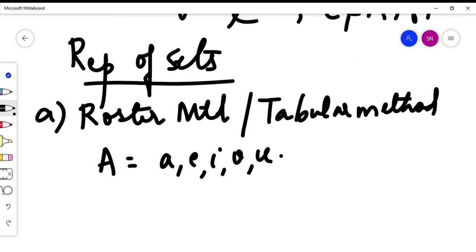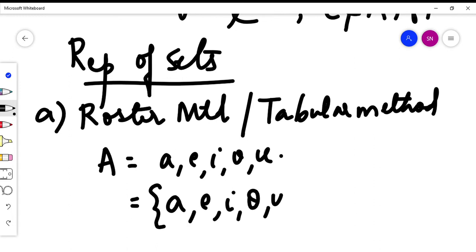But to differentiate from the next method which we will be doing later, I would like to tell you all that these elements which are separated by commas are enclosed within curly brackets. So these are called curly brackets, or you can call them curly braces.